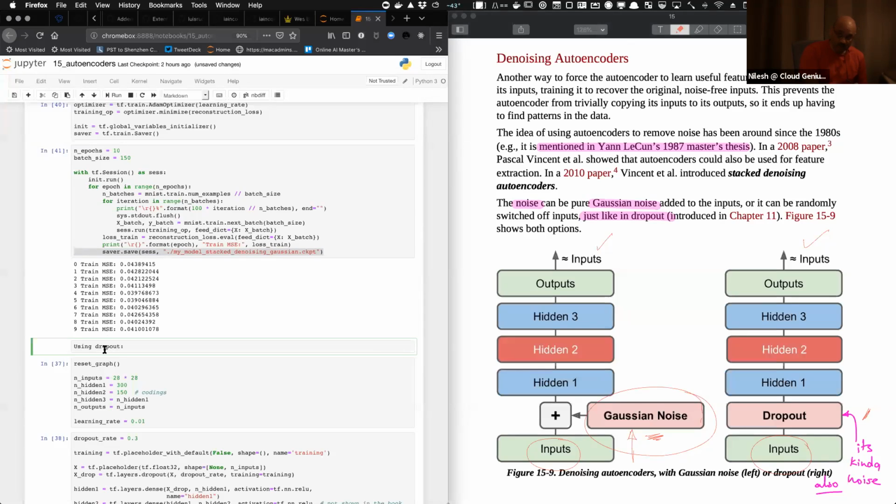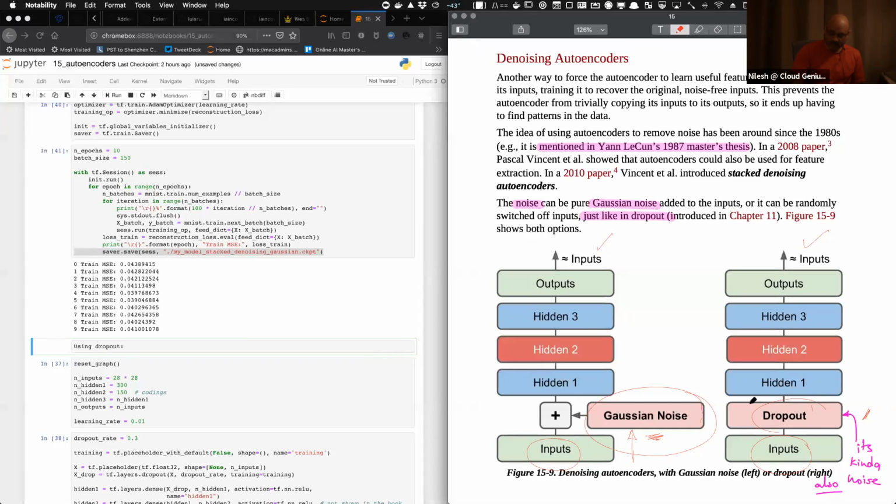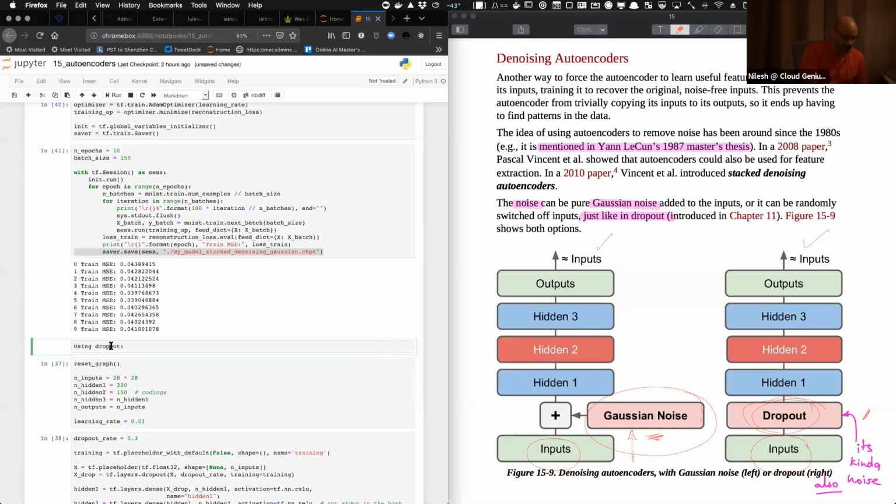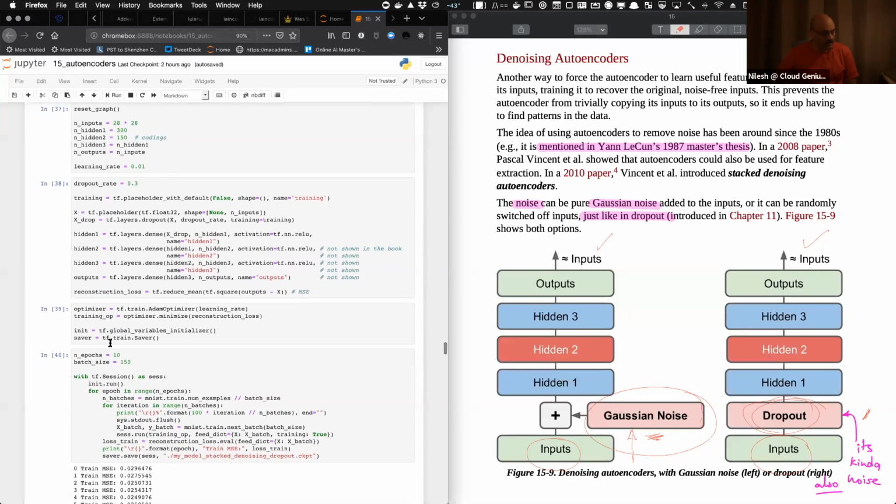The next idea is to run the same approach using dropout functions. So we are defining the same set.